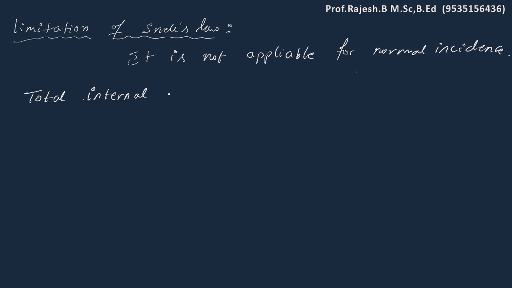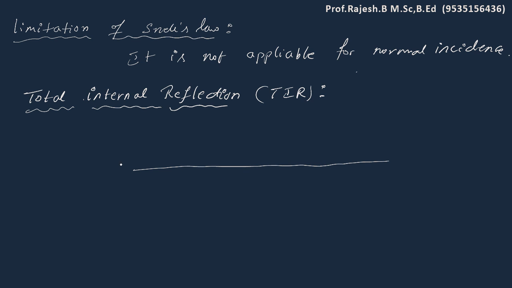So total internal reflection, the next concept, is very important. We also call it TIR for short. Total internal reflection, so what is the meaning of this? I'll take the refracting medium.